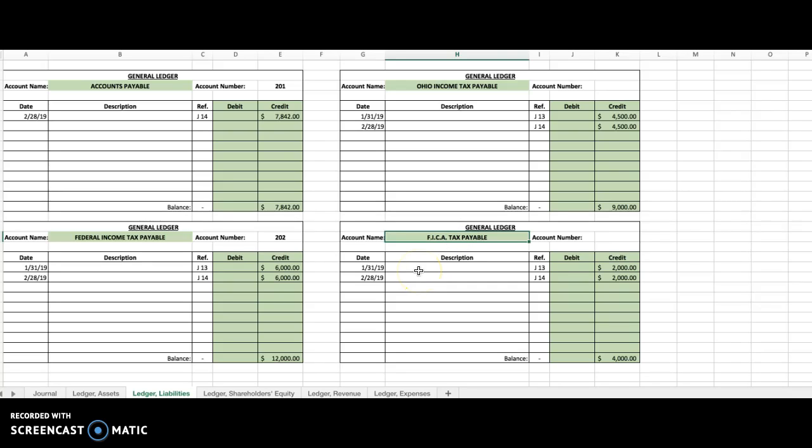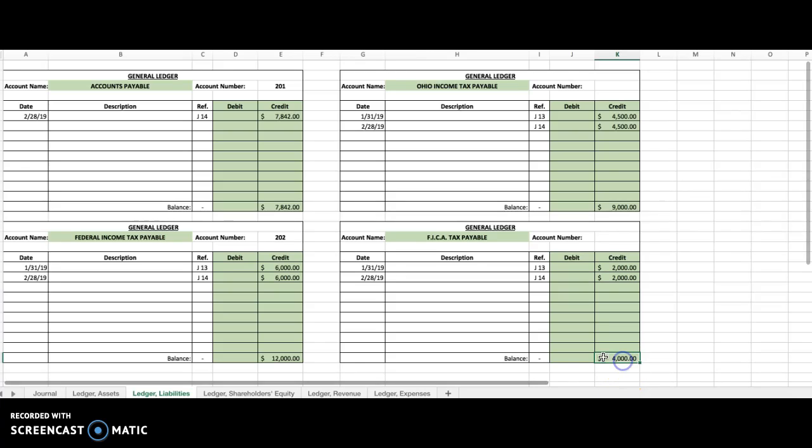As you know, that encompasses Social Security deductions and Medicare deductions from the employees. At the end of each month, we have a credit, in this case $2,000, and a balance at the bottom of $4,000. So in all of these, we have incurred some liabilities because we kept the money from the employees by law, and we will have to pay it. We don't have a city income tax here in this particular problem. So those are the liabilities.